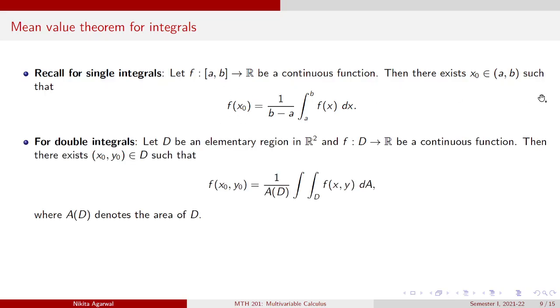Okay. Now for double integral we have a similar result when your domain is an elementary region. So let D be an elementary region in R2 and f from D to R be a continuous function, then there exists a point (x naught, y naught) in the domain such that f of (x naught, y naught) is 1 by the area of the domain, which is an elementary region, times the double integral of f over D. It looks the same as for one variable.